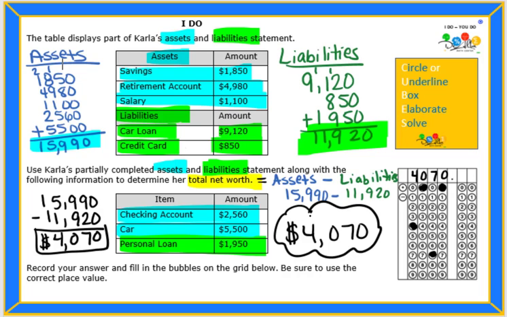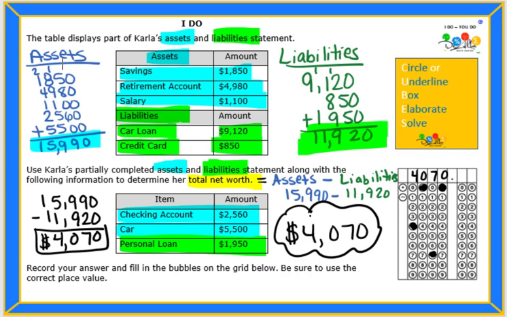Or perhaps this person might have two cars, and one car is paid off and has a positive cash value, and the car that you still owe to the bank, you're paying, that is a negative. If you own a car and it's already paid off, or the portion that's paid off, that is your positive value. Because if you own a car that's already paid off, you can sell it and make money for that car, and it will give you positive cash value.